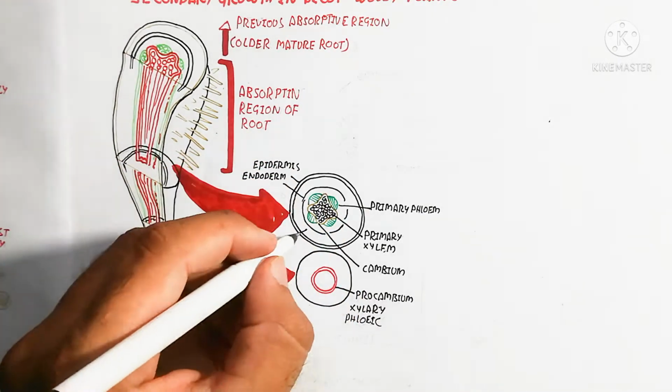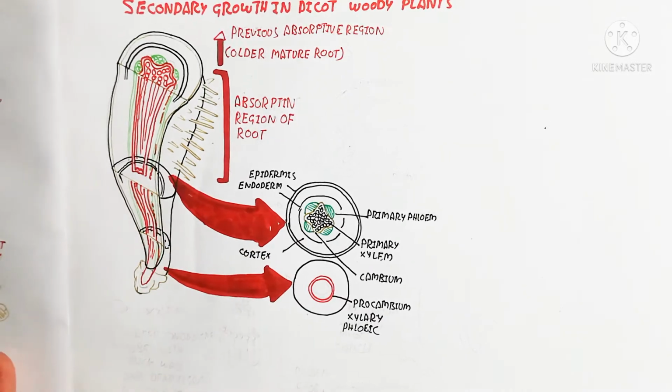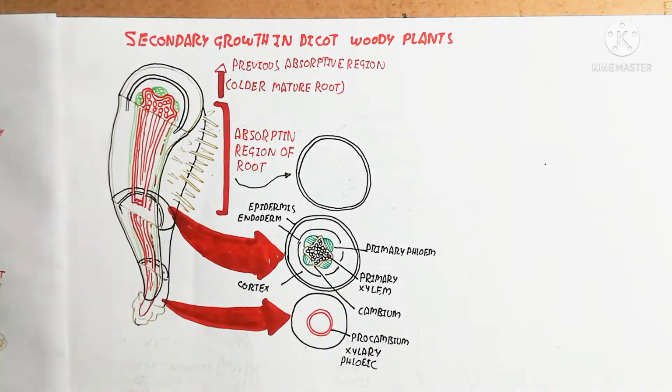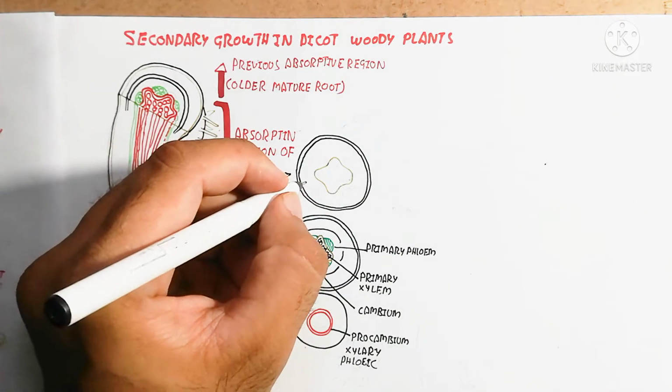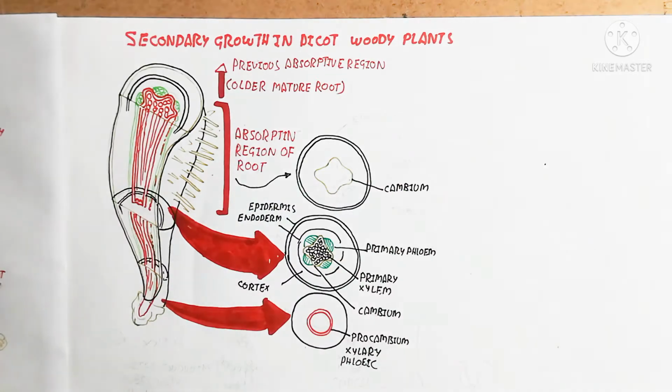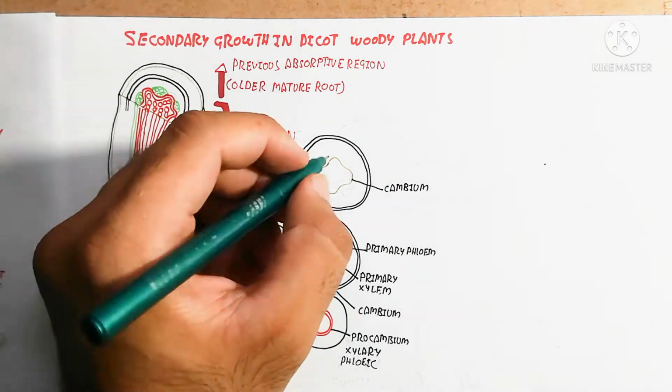Ridges are present in the xylem. On the basis of these ridges we can classify the structure of the root cross section. Later on we will discuss this also, but first we should understand the secondary growth.